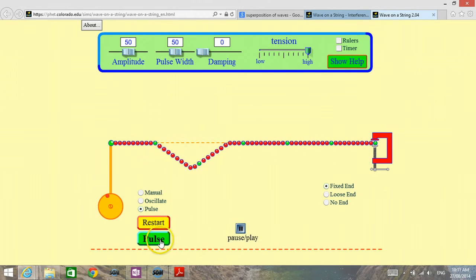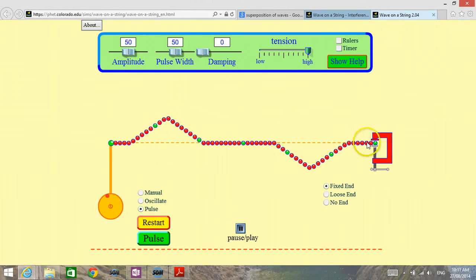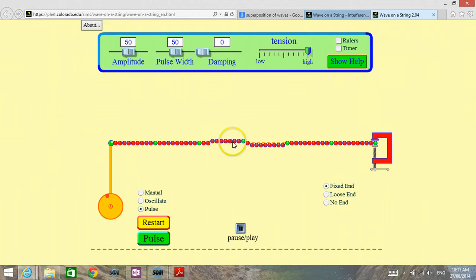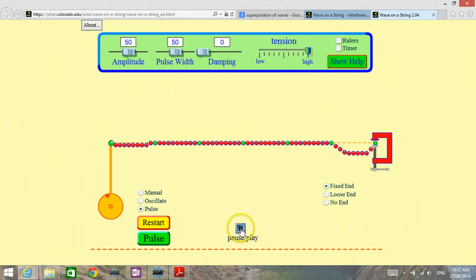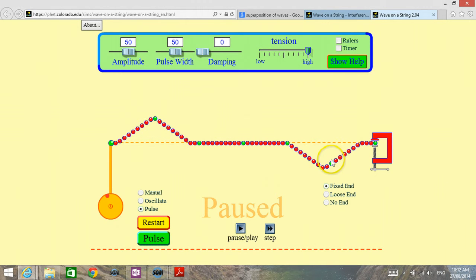If I give it a second pulse and the waves meet, you can see that those two waves meet out of phase.